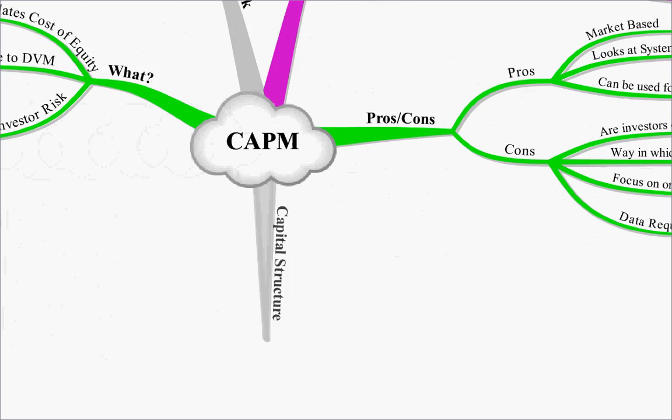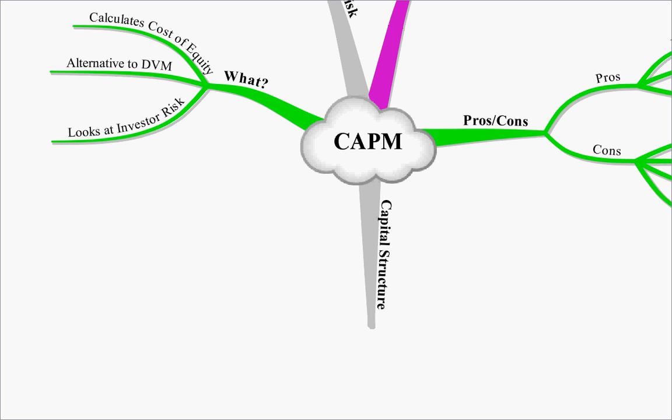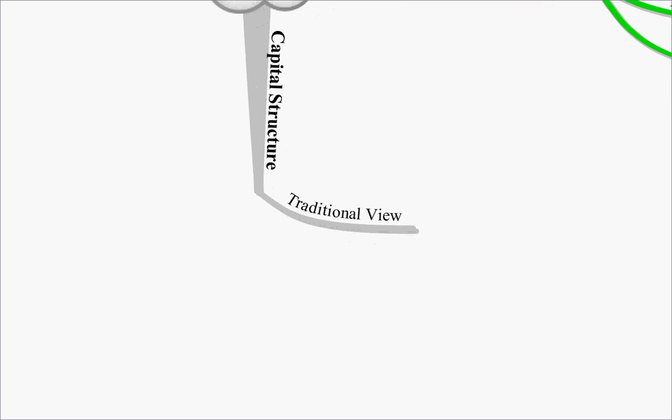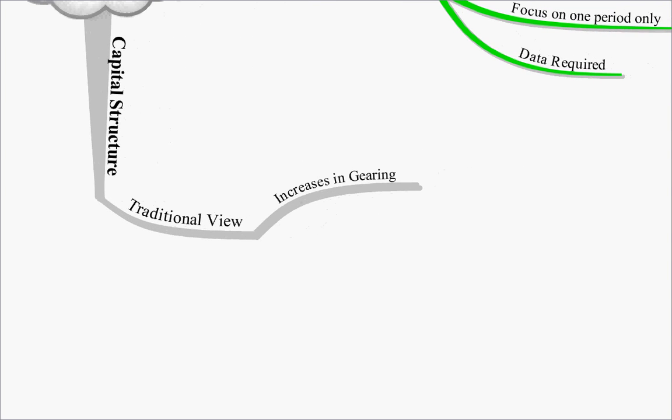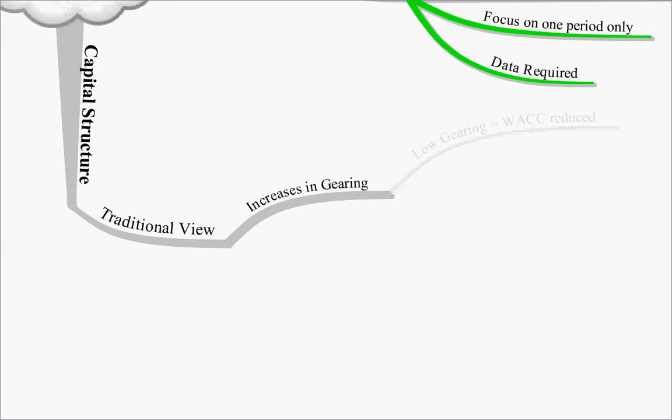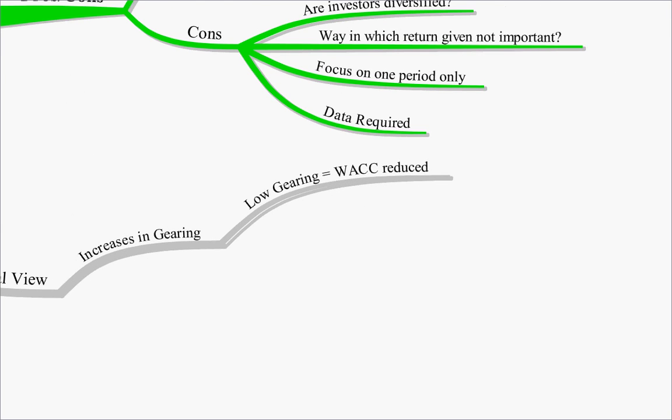So that brings us on to a little bit of a discussion around capital structure. And this is related to how the weighted average cost of capital will fluctuate. The traditional view stated that with increases in gearing, i.e. the higher you geared your firm, the WACC increased.